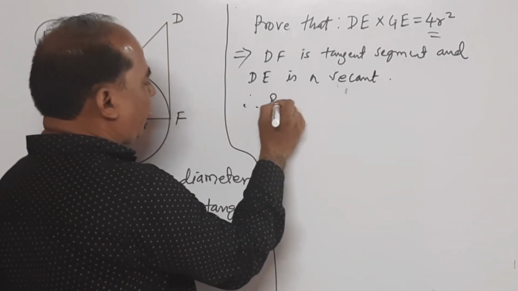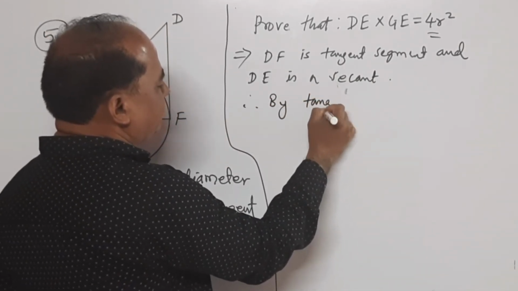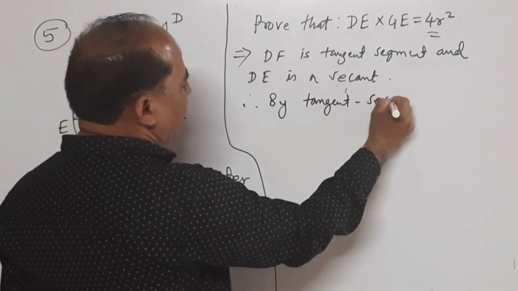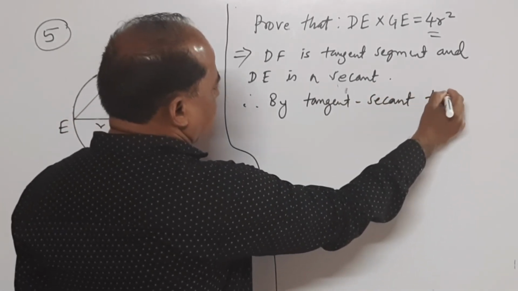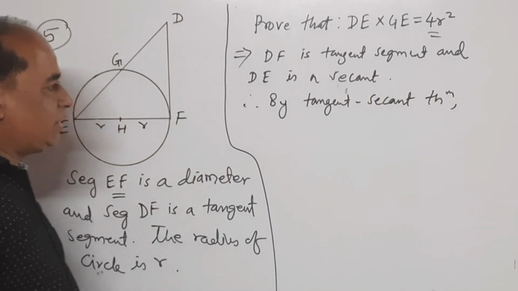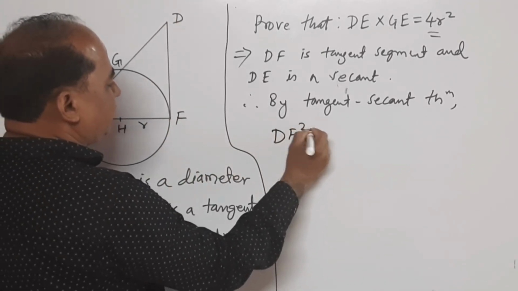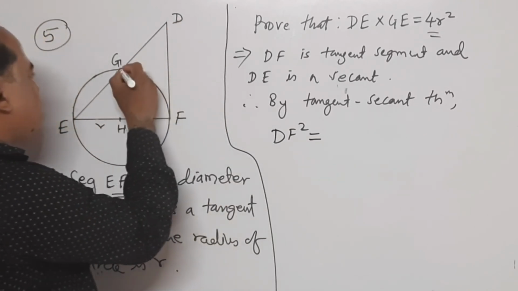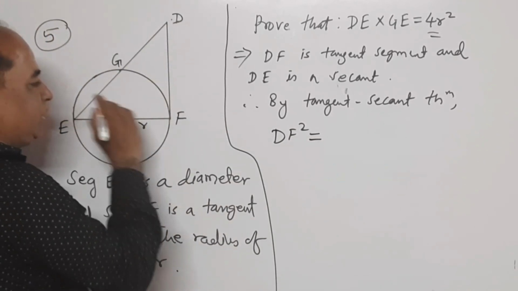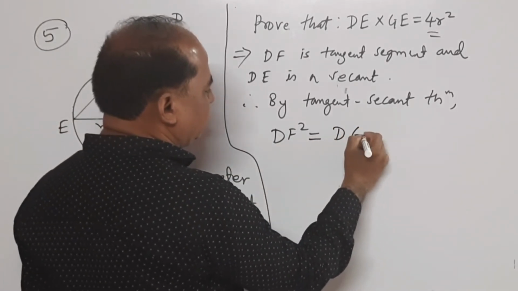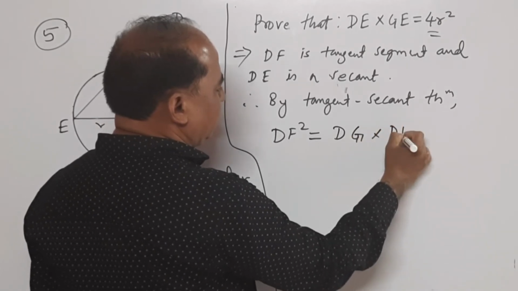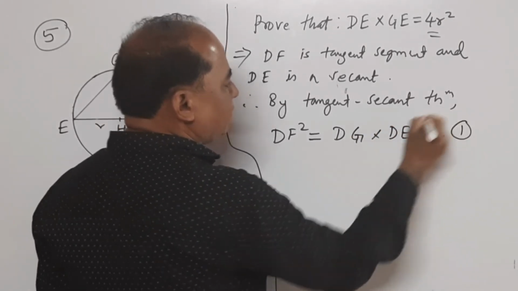Therefore, by the tangent secant theorem, the square of the tangent segment, DF square, is equal to DG into DE. Statement number 1.